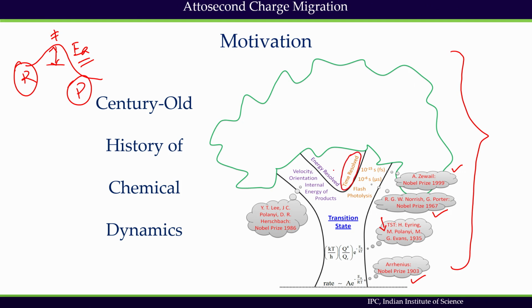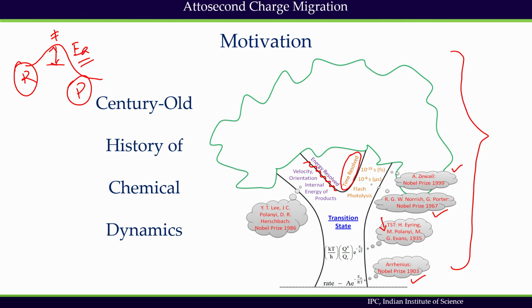There is another domain we already discussed, that is called energy resolved study of chemical dynamics. What does it mean? These two domains of studying chemical dynamics were initiated almost simultaneously. A group of scientists started looking at chemical dynamics from an energy resolved perspective.